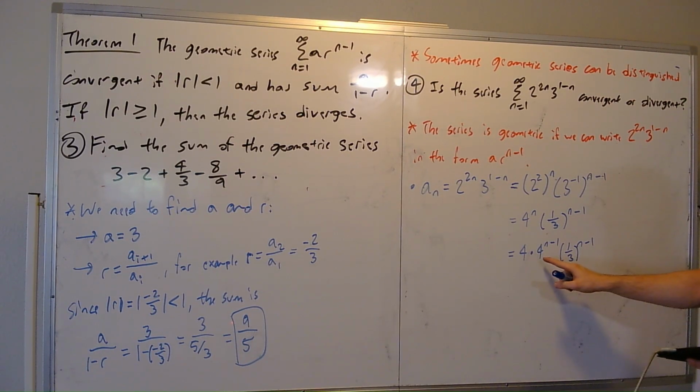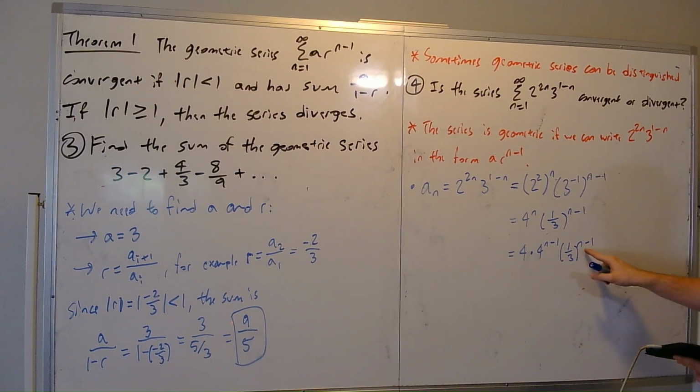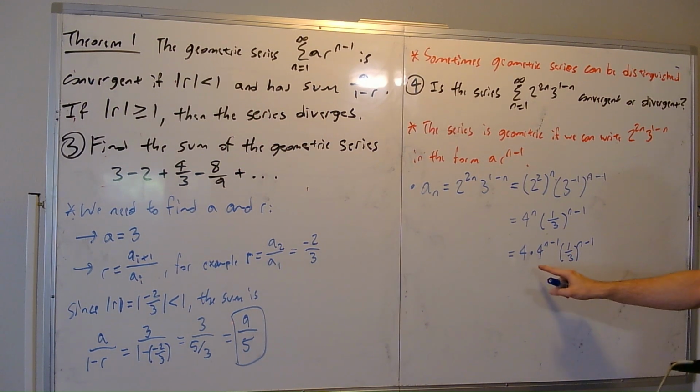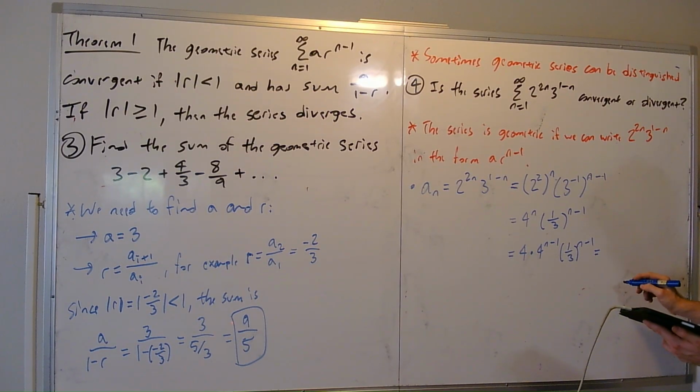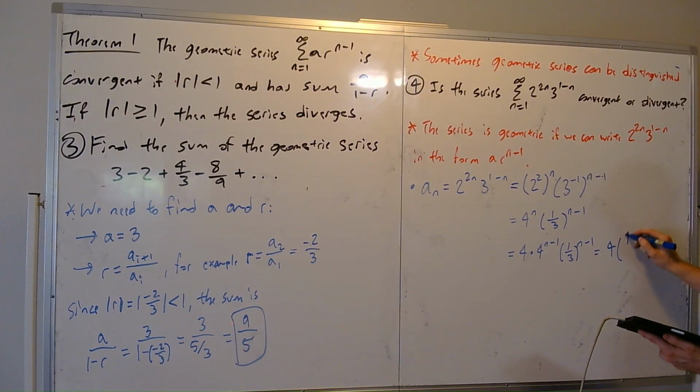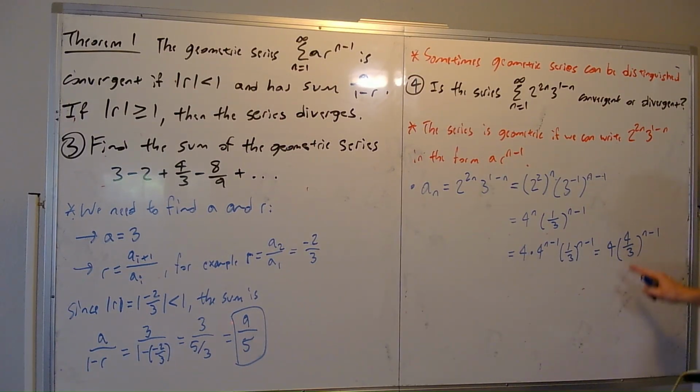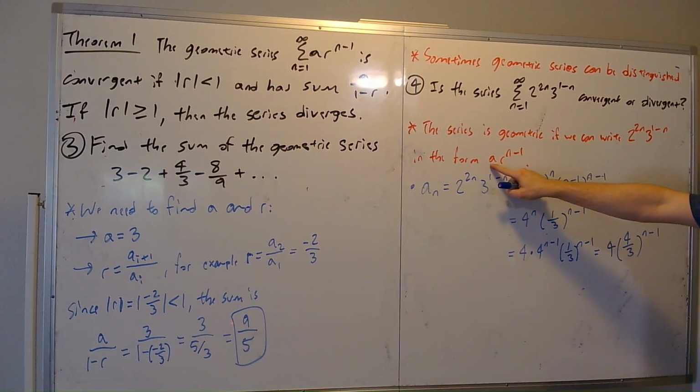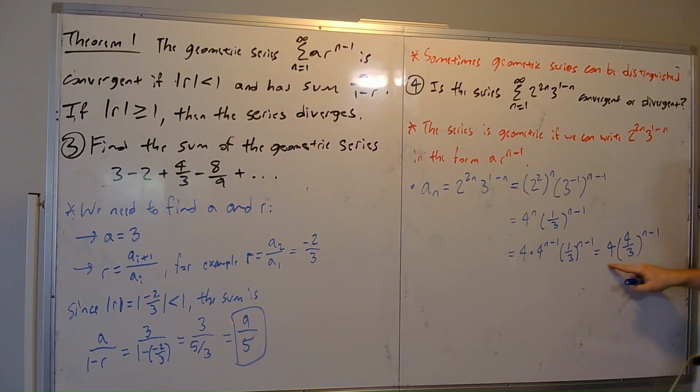And now we've got the same power in different bases, different numbers here. So if I've got 4 to this power times 1/3 to this power, I can actually just bring the 4 on the inside. Right? So what I can do here is actually say that this is equal to 4 times 4/3 to the power of n minus 1. And now we look at this, and we'd say, well, a times r to the n minus 1, that's exactly the form that we have here. So that's what we wanted.